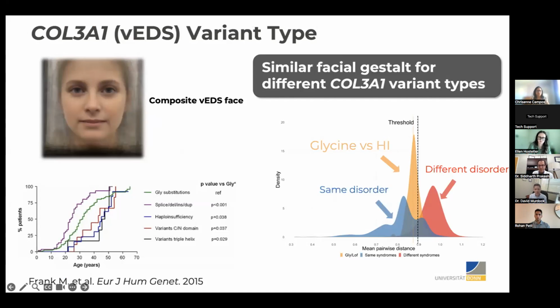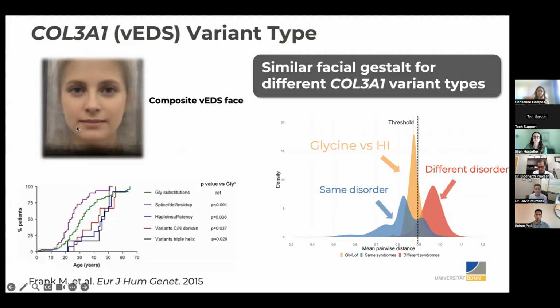Individuals with glycine substitutions tend to have earlier onset of vascular disease, whereas those with loss of function variants that lead to something called haploinsufficiency tend to have later onset. And anecdotally, we've also noticed that those with loss of function haploinsufficiency variants tend to have milder facial features than those with the glycine substitutions that have the more classical VEDS face.